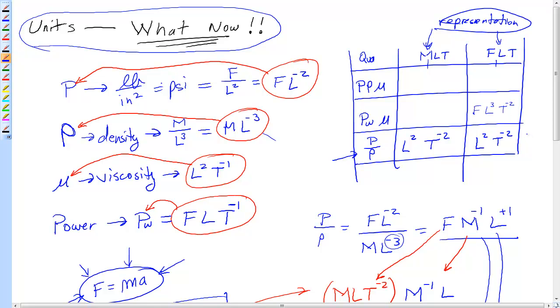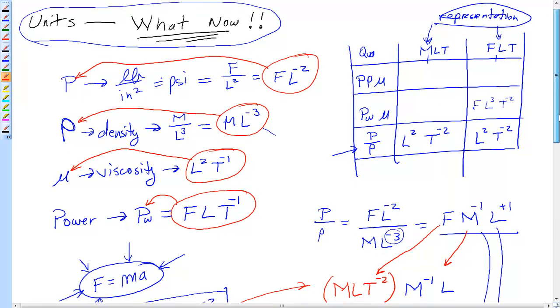So there's your answer on that one. Now the key is that fits under the FLT because of the existence of the F here. However, that doesn't take care of the other part of the system.